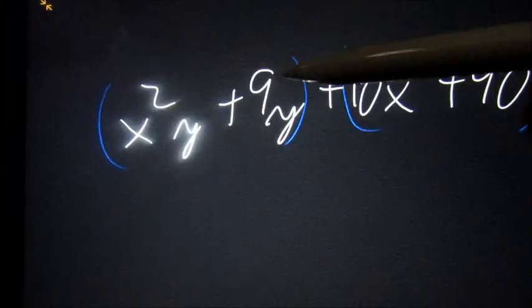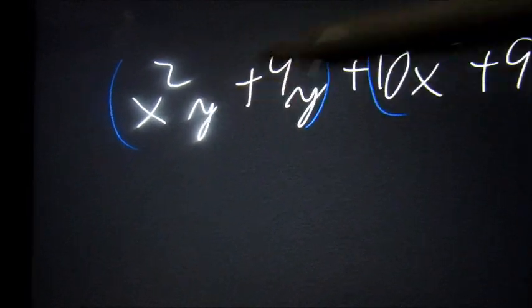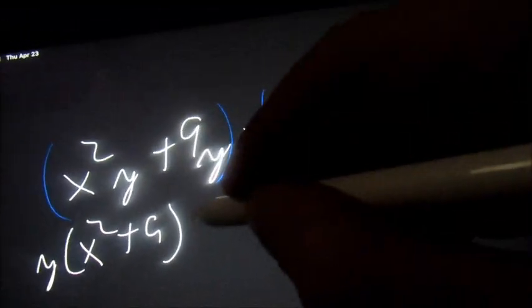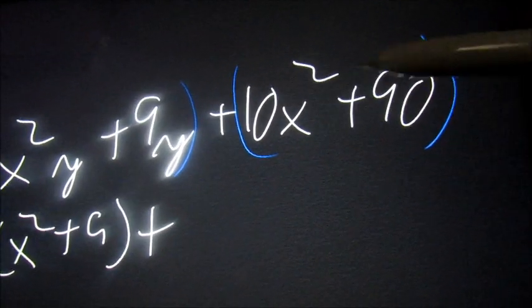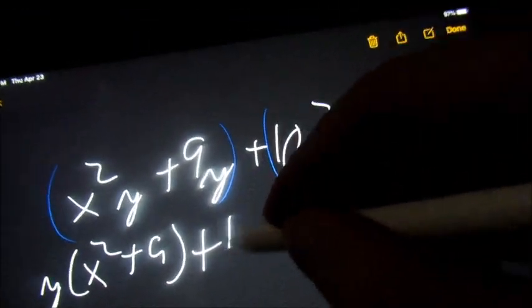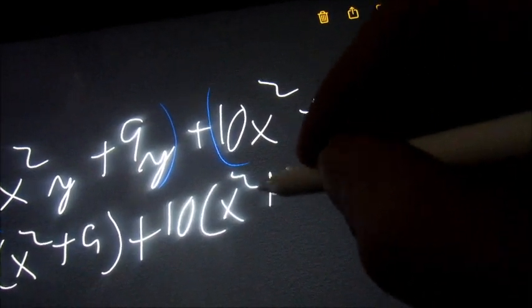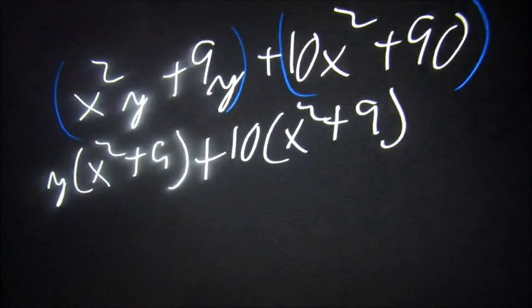Now what can we factor out of the first 2? They both have a y in them, so I can factor out a y, and I'm left with x squared plus 9. Then we have a plus in here, so I'm going to say plus, and we can factor out a 10 from both of these. So 10, and we're left with x squared plus 9.